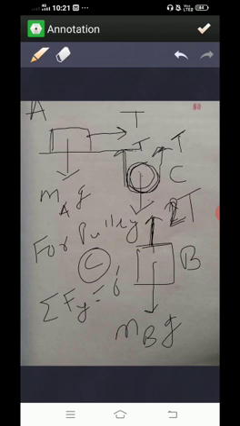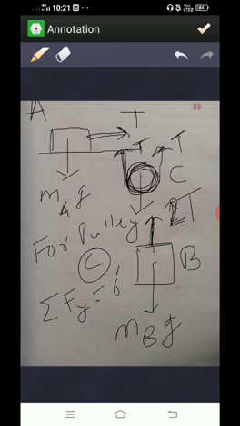See again, this is the free body diagram of C, and why do we take this tension T? Because the tension passing through the string attached to A is similar to the string attached to pulley C, because pulley 1 is frictionless.